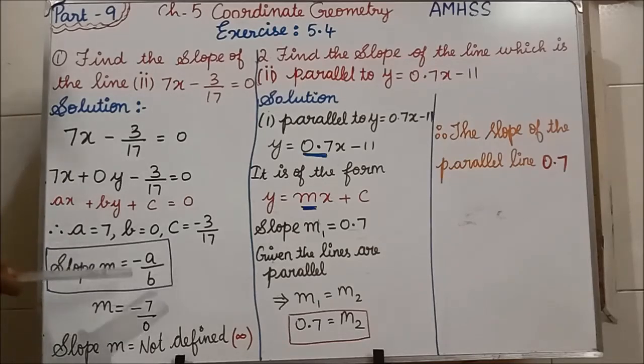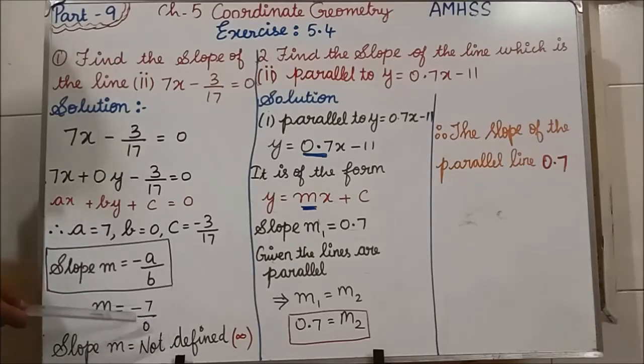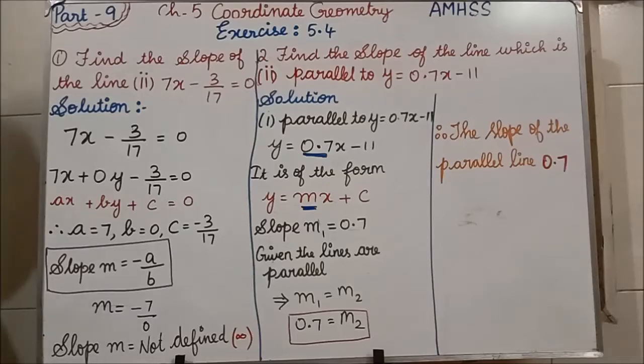So minus a value: in the formula we have a minus, so I have written that minus. The a value is 7, divided by the b value, which is 0. So slope m is equal to any value divided by 0, and that answer will be undefined, not defined. That means it is infinity. Clear? So slope m is equal to infinity is our answer.